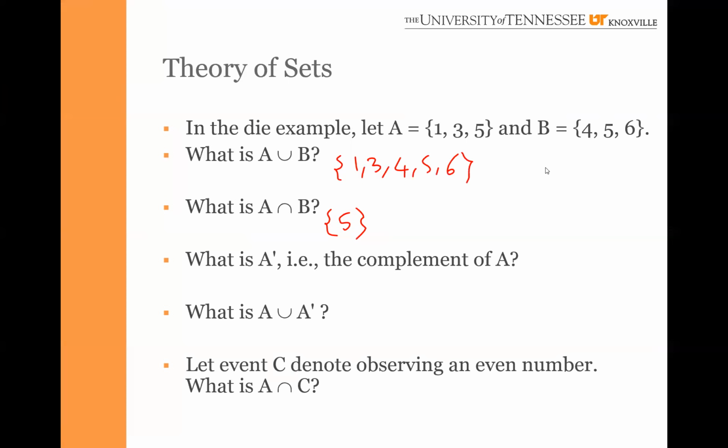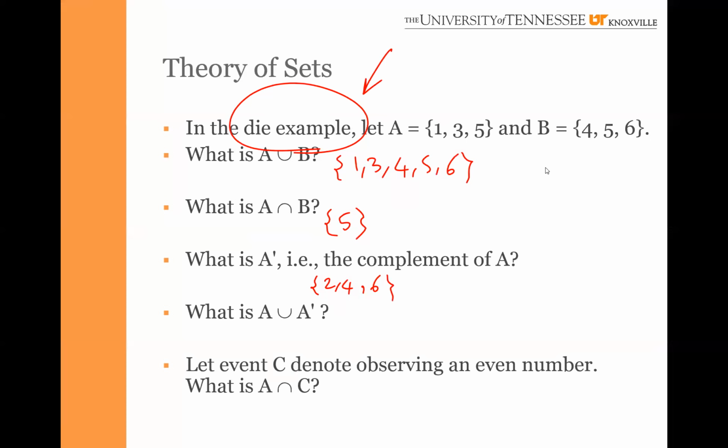Okay. Next row, A prime. Okay. So somebody came to your rescue. 2, 4, and 6. Everything not in A. But okay, where is everything? What was everything? Yes, everything in the sample space. Right? So that was my sample space.